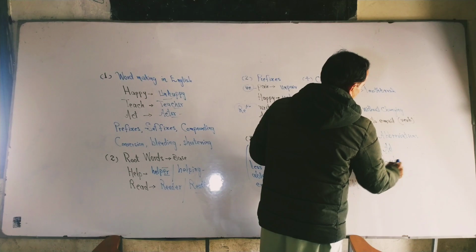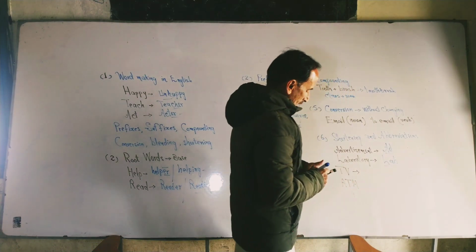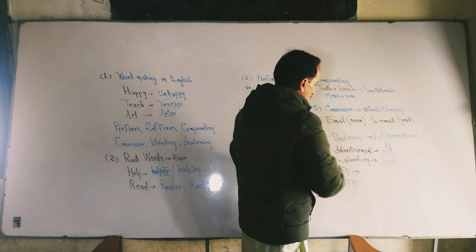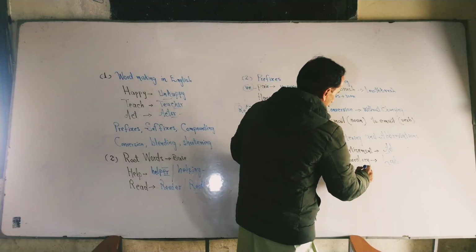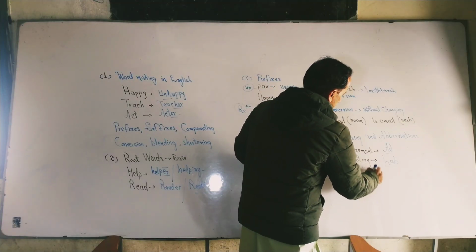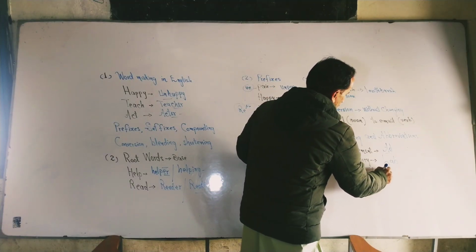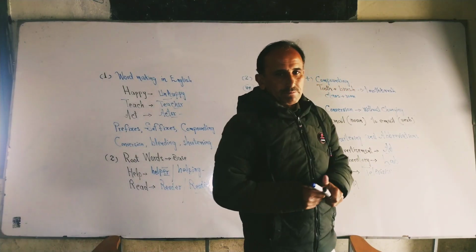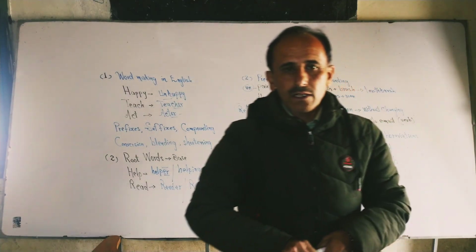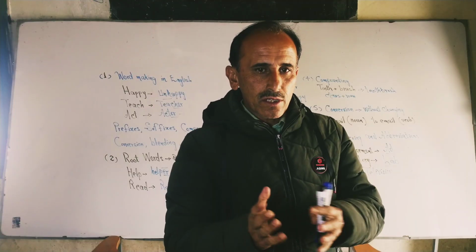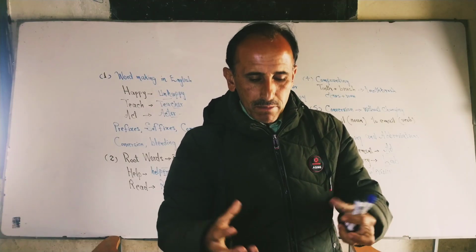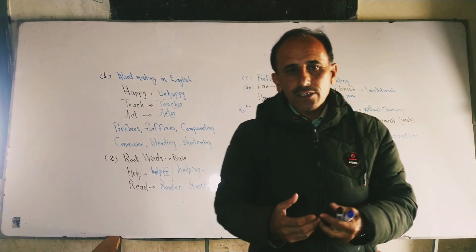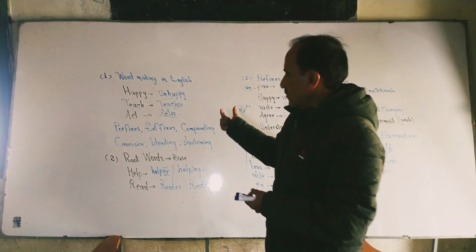As for abbreviations, for example, TV, television, ATM, NASA. These are abbreviations. You can make new words like this in English.